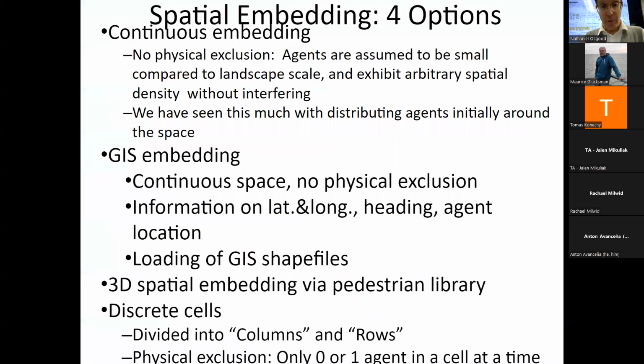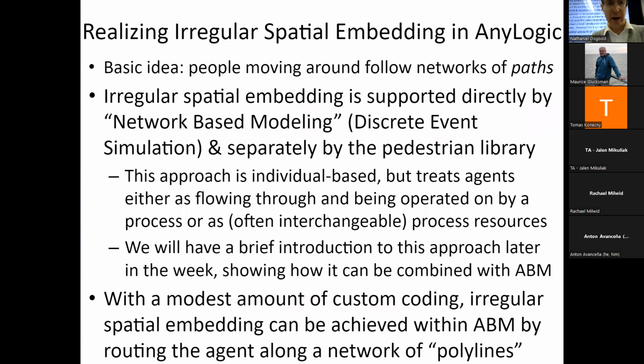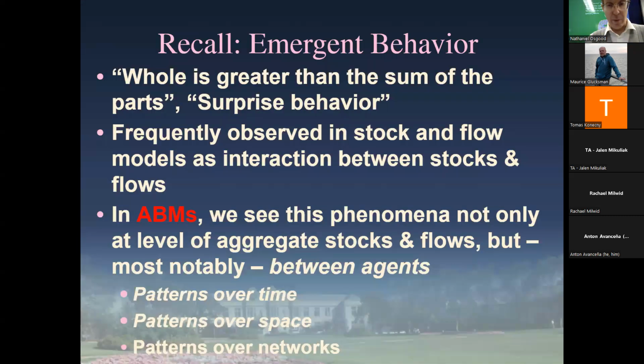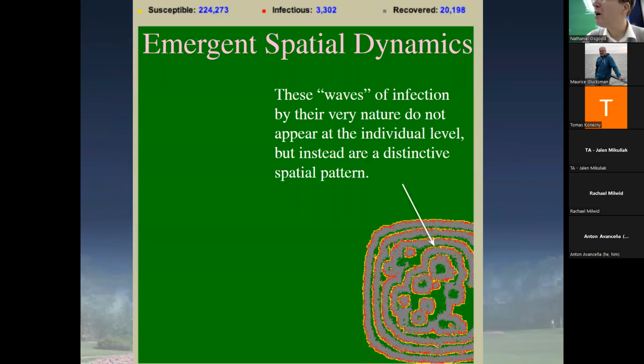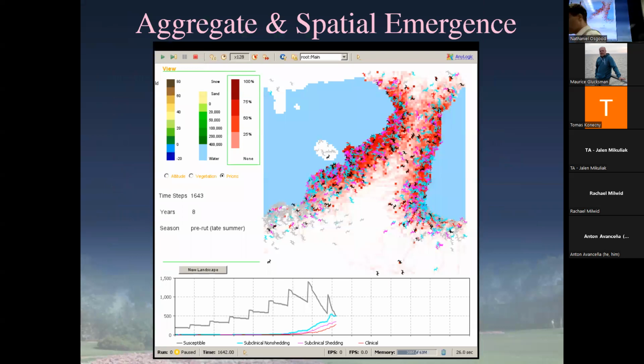Beyond this, we commonly have spatial embedding, okay? And in agent-based modeling, this too is strongly supported. So it may be irregular spatial embedding, where you're in an environment. It may be 3D spatial embedding. It may be sort of stylized, regular embedding. It may also be more geographic embedding, or geographically inspired embedding.